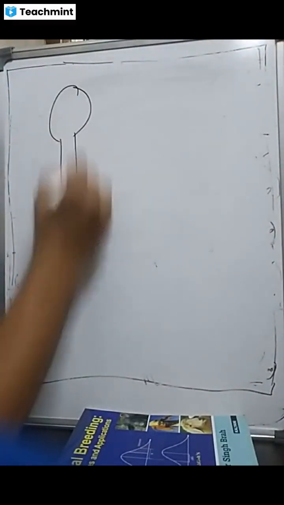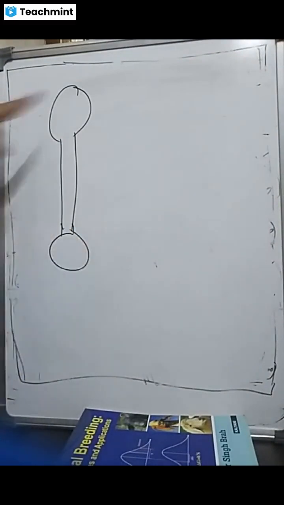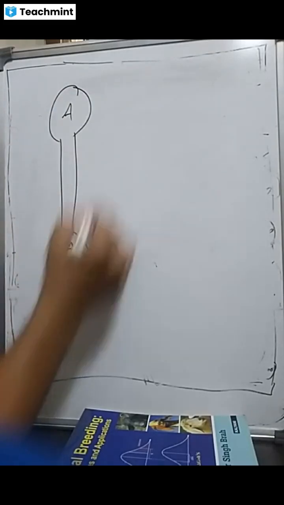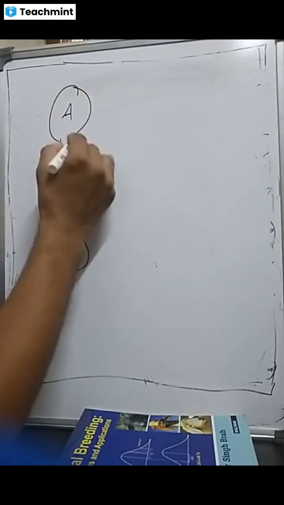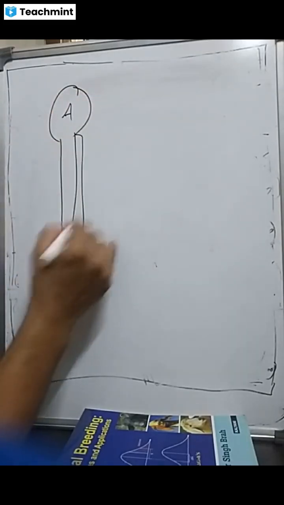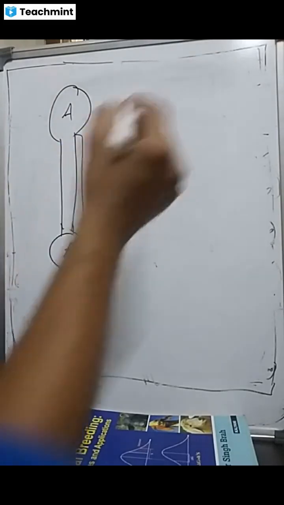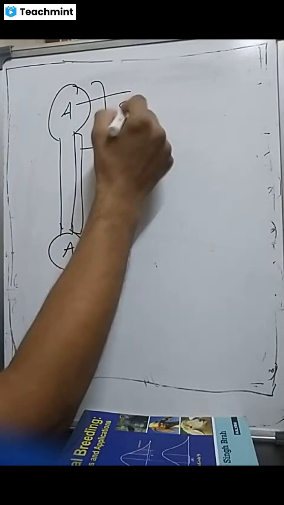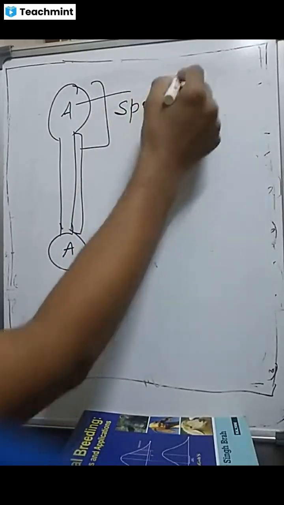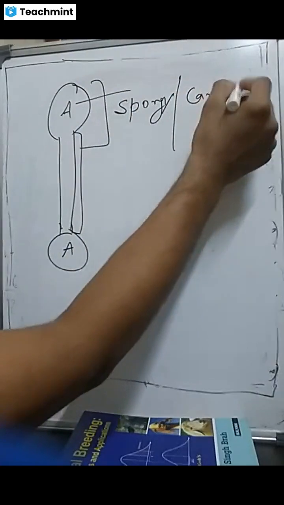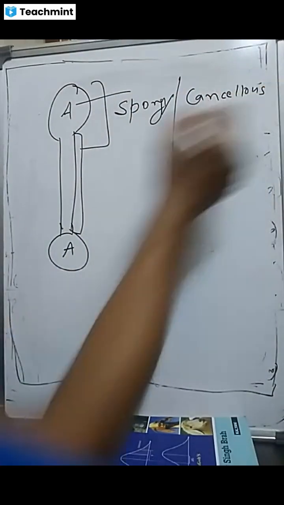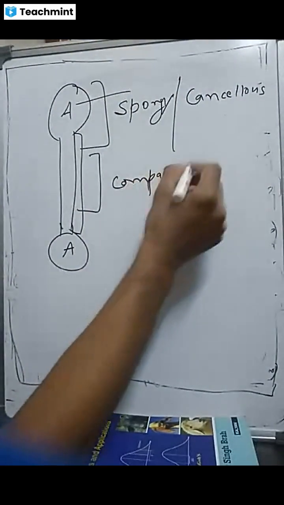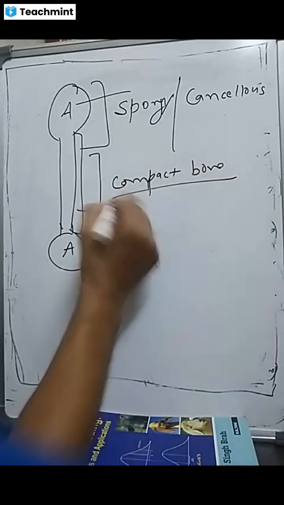A long bone has these two ends, and this is the shaft, which is called the diaphysis. These ends have something called spongy bone or cancellous bone, but this part has compact bone.